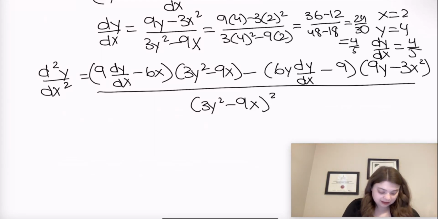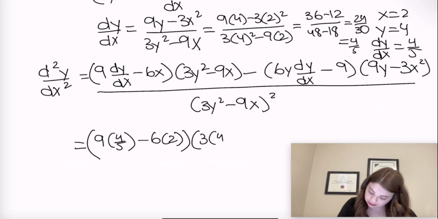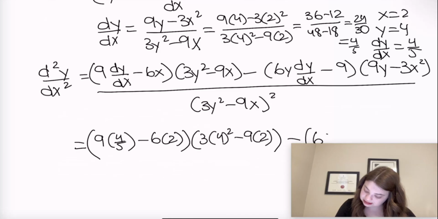Okay, so now I'm going to plug in all those values and figure it out. So we're going to have 9 times 4 over 5 minus 6 times 2, times 3 times 4 squared minus 9 times 2, minus, let's see, 6 times y. So 6 times 4 times 4 fifths.